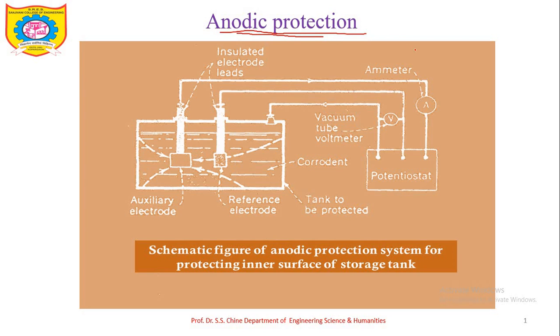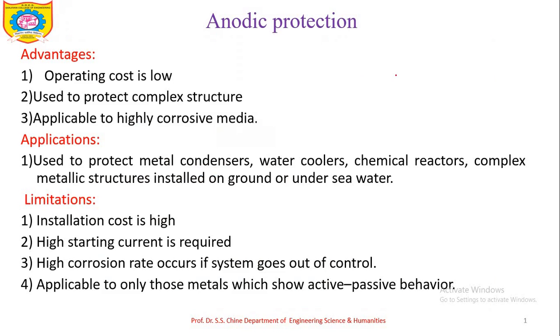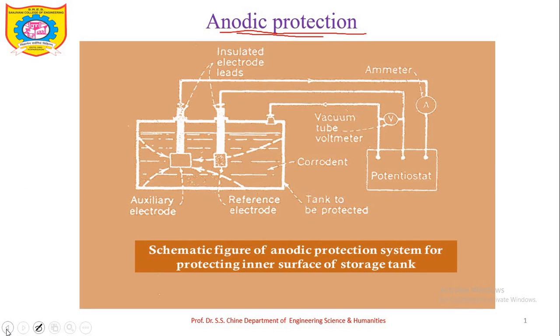Okay. So in this method, the metal is passivated by applying the current in a direction that renders it more anodic. Means what? The metal is made more anodic. You have to increase its oxidation rate.